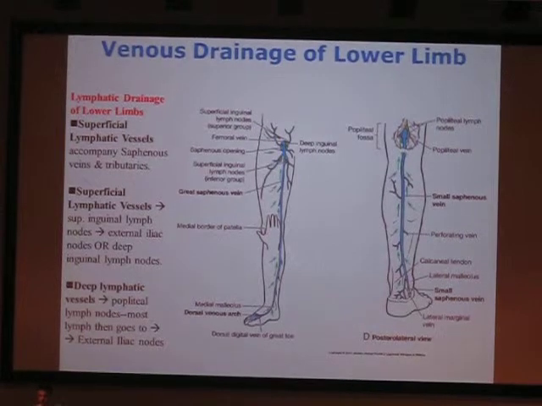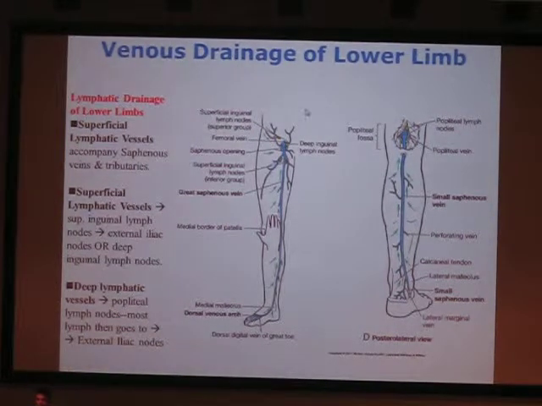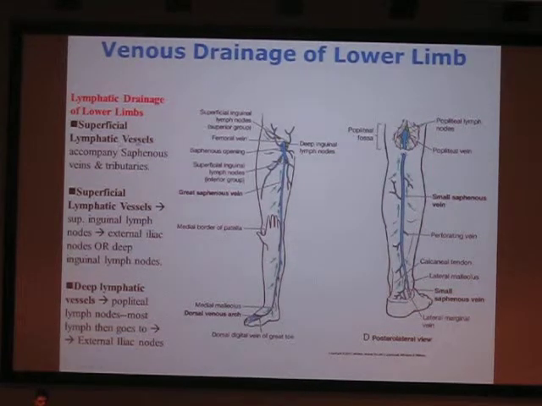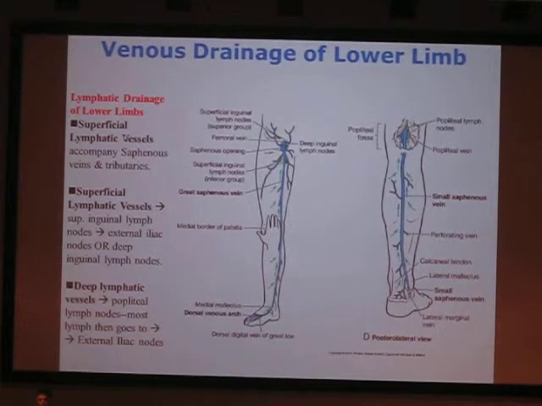So looking at lymphatic drainage, here we have some superficial lymphatic vessels which we're looking at. And basically, I'd like you just to associate them in general with the saphenous veins. The lymphatic drainage, as we've seen a little bit throughout the course of these lectures, accompanies veins to the lymph nodes.